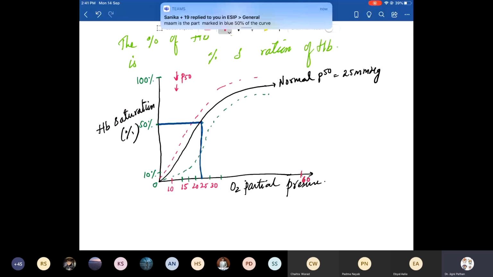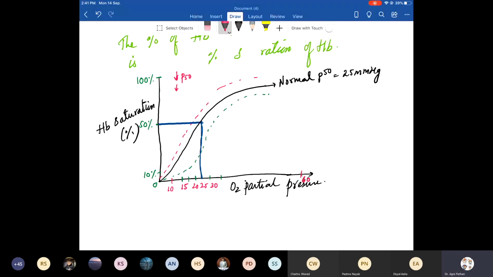Ma'am, is the part marked in blue 50%? Yeah, 50%. I'll label everything.